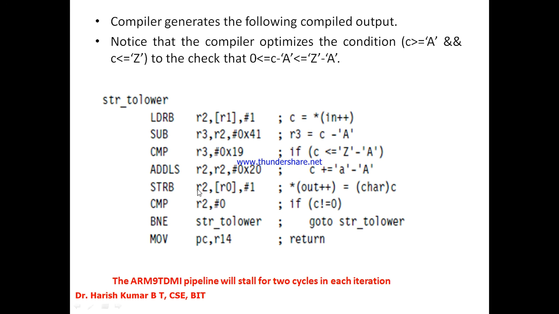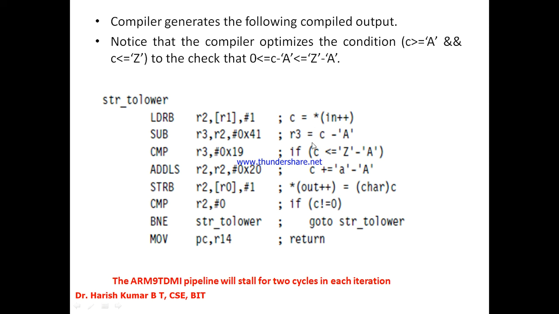R2 is equal to R2 plus 20, the result goes to R2, and then you store it back to the memory location, compare with 0. This 0 is the termination character we are taking for this string, and repeat this until all the uppercase characters are converted to lowercase.